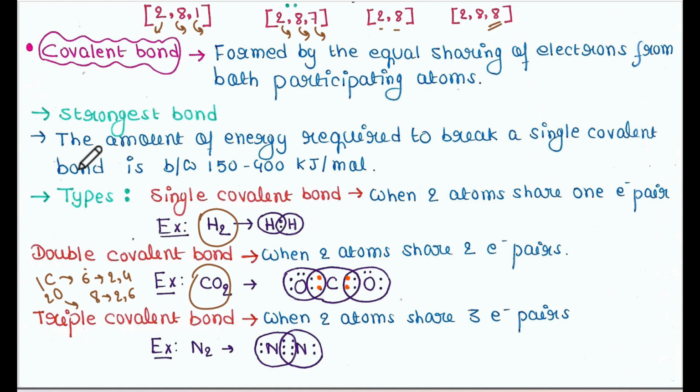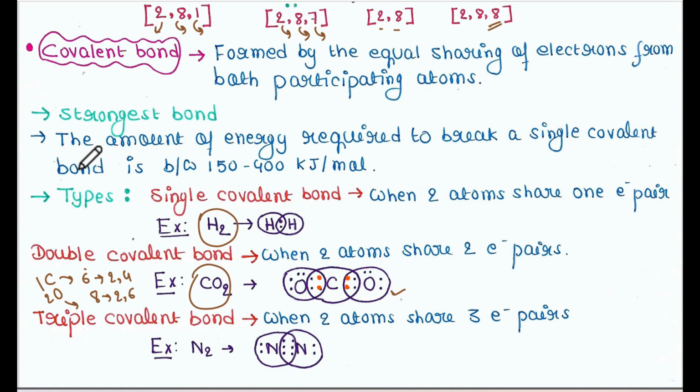Now, this oxygen atom wants 2 more electrons to get stabilized. Same, this oxygen also wants 2 more electrons in the second shell to get stabilized. So, this oxygen atom will get 2 electrons from carbon. This oxygen atom will get 2 red electrons from carbon, and they both are now stabilized.